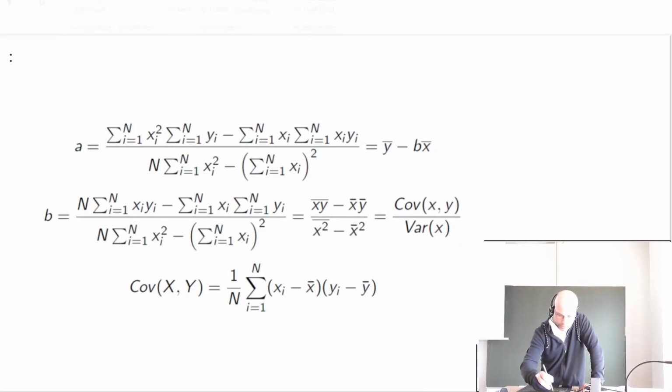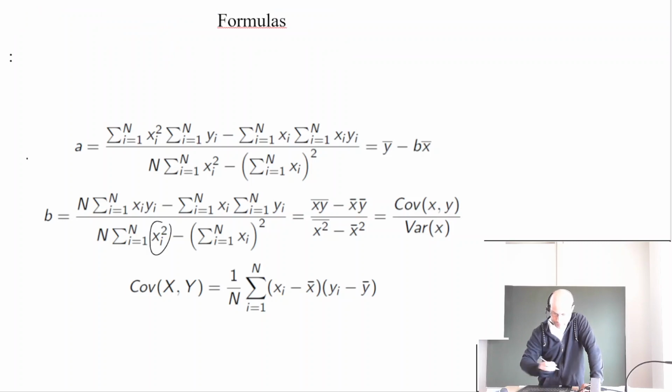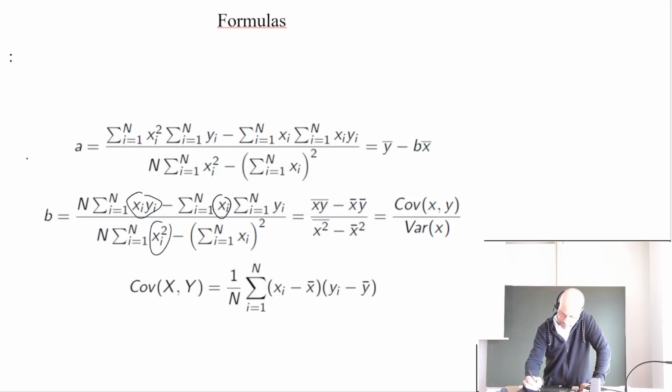We need the sum over xi squared, the sum over the product of x and y, and we need the means of both variables, and here we need also the mean of both variables.